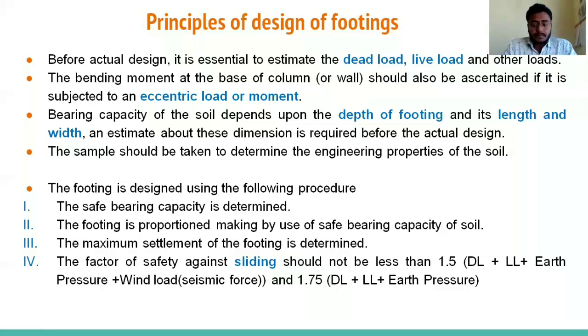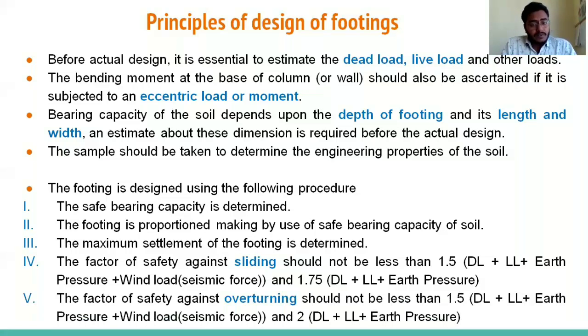In overturning, the factor of safety should not be less than 1.5 for dead load, live load, earth pressure, and wind load, or 2 for dead load, live load, and earth pressure.